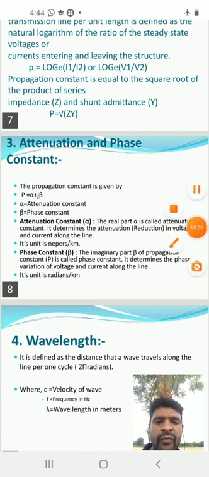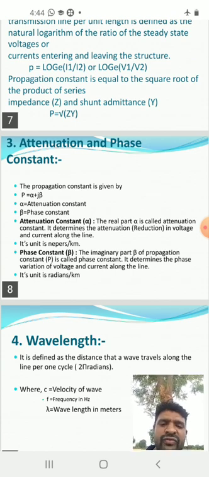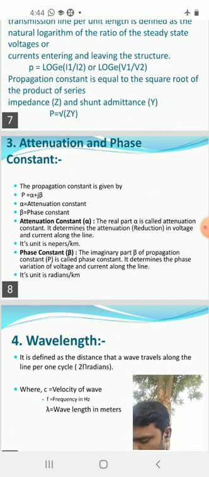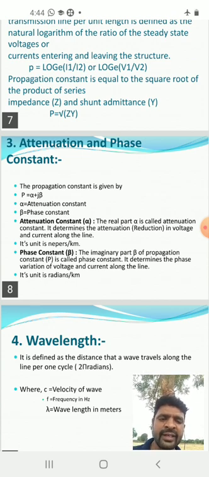Phase constant. The imaginary part of the propagation constant, beta, is called the phase constant. It determines the phase variation of a voltage and current along the line.